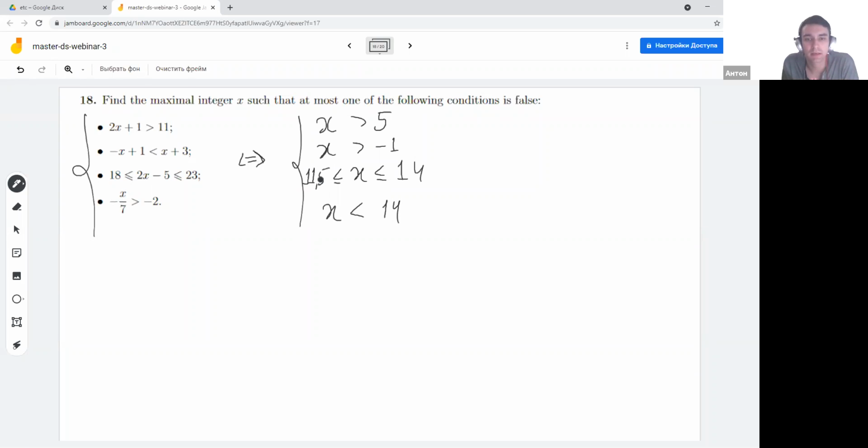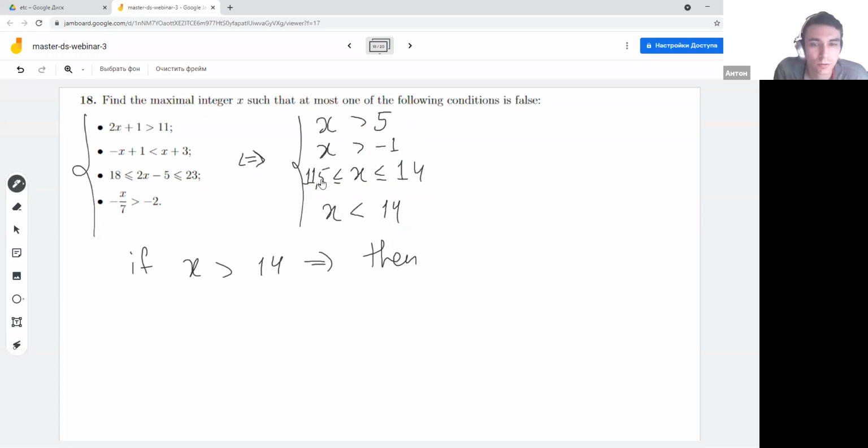Yes, so I simplified the conditions. Now let me take a close look at them. We have an upper bound for x only in these two conditions. For these other two conditions there is no upper bound, and we are looking for a maximal integer, so we are actually looking for the upper bounds. So what if x is greater than 14? Then this condition would be violated, and also this condition would be violated.